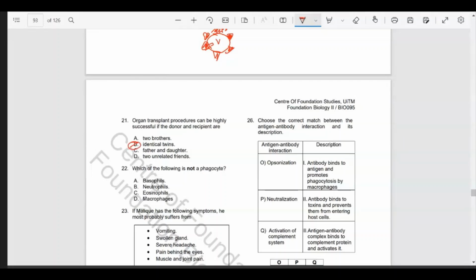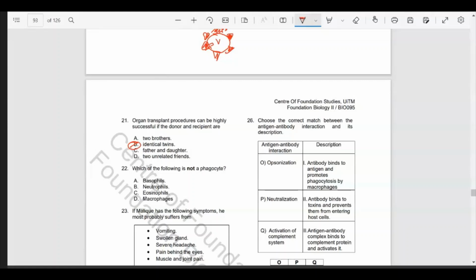Okay, identical twins. Why? Maybe their antigens are the same, right? So the genetic composition is almost the same. So when the self-antigens are the same, the MHC produced is the same too. We haven't looked at MHC yet. MHC is a marker that presents antigen to your immune system.